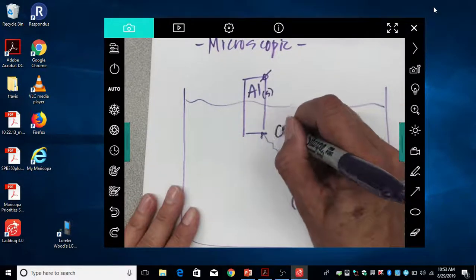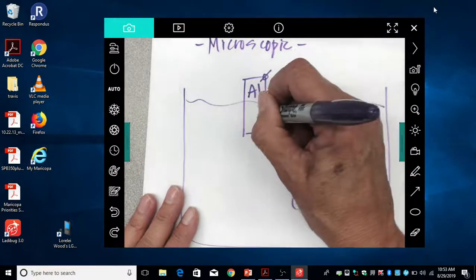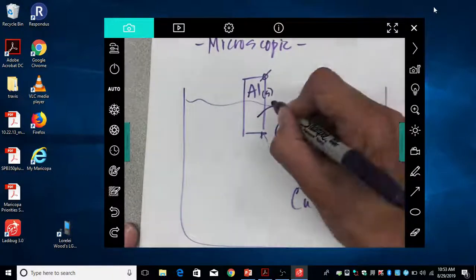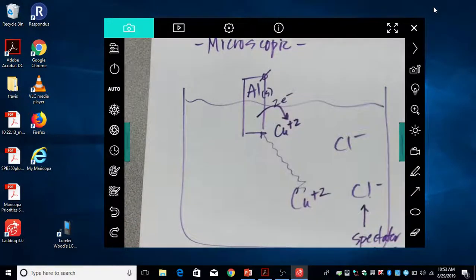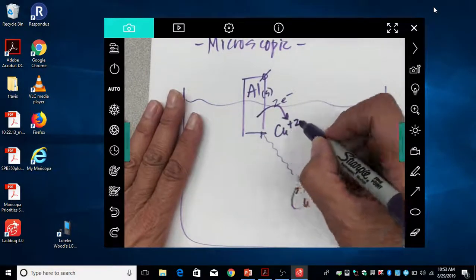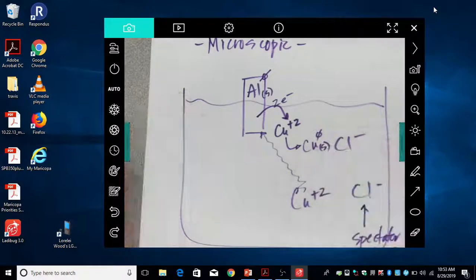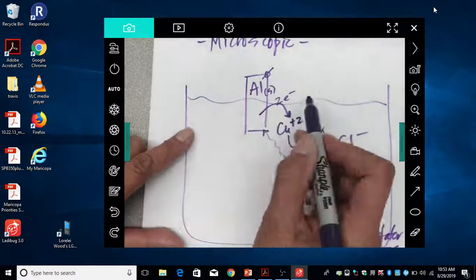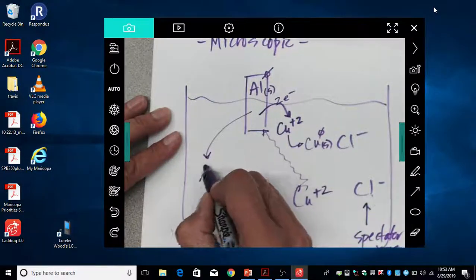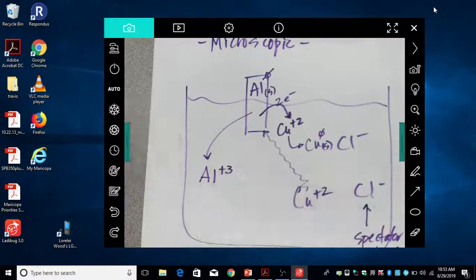So copper comes up next to it. 2 electrons from aluminum come off of the aluminum atoms and go onto the copper. And so copper then grabs those 2 electrons and turns into copper solid. Well, as aluminum loses electrons, it then goes into aqueous solution.